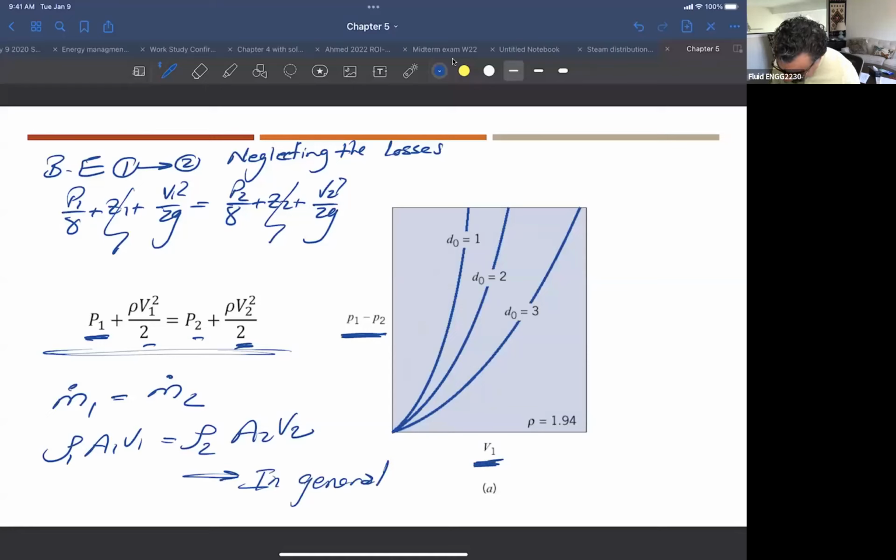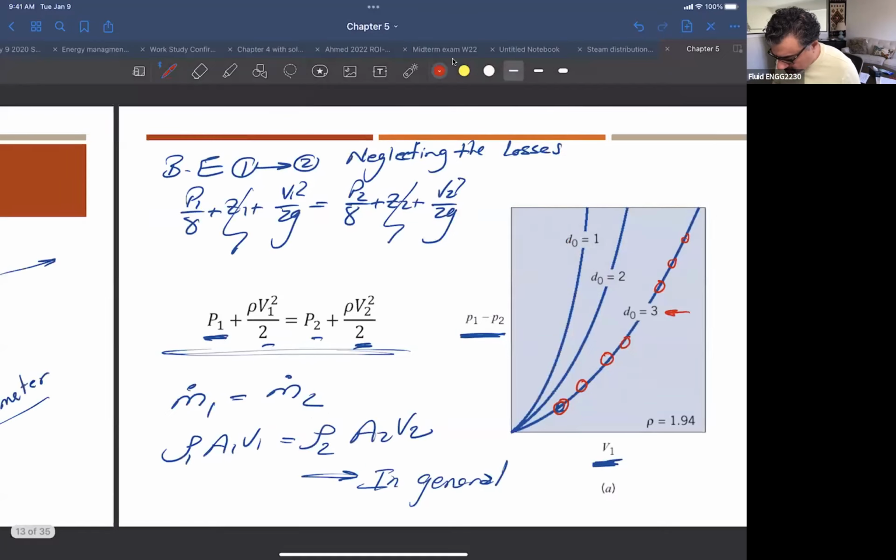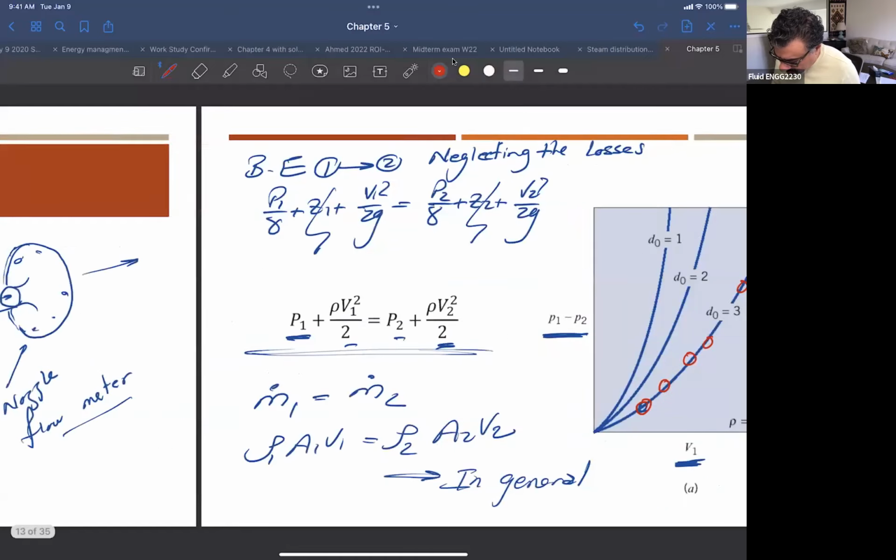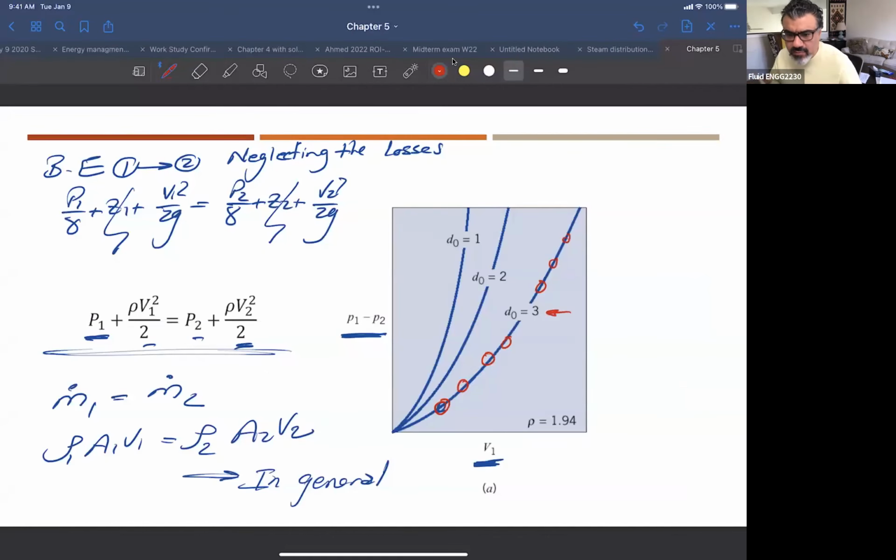I can start plotting the relation between V1 and the pressure, and this is only for one diameter of the orifice, say a diameter of 3, whatever the unit is. If I repeat the same experiment but change the diameter of the nozzle or the orifice, I will get another data set, right?